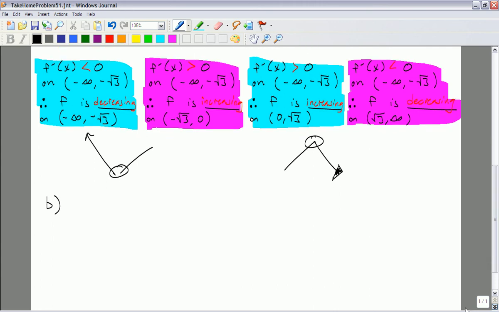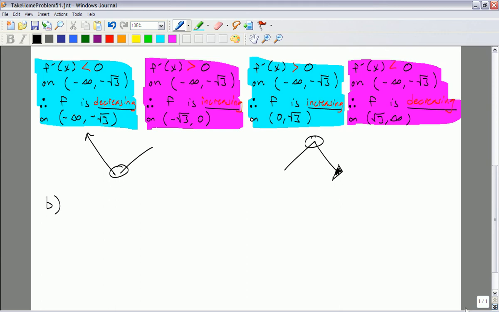There's a few things. If you're going to argue that your function has a relative maximum, you're going to need to tell me that there's a maximum because coming into it you're increasing, going out of it you're decreasing. But also be sure to tell me that your function exists at that point.